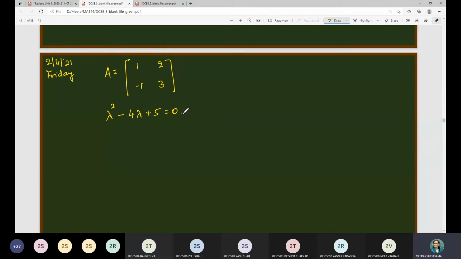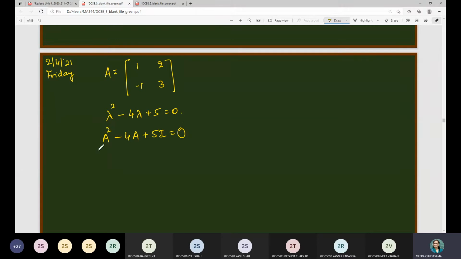Okay, so this is the characteristic equation of the given matrix A, and every square matrix satisfies its own characteristic equation. That means if you consider A square minus 4A plus 5I, then you will always get this corresponding matrix polynomial as a 0 matrix, right?